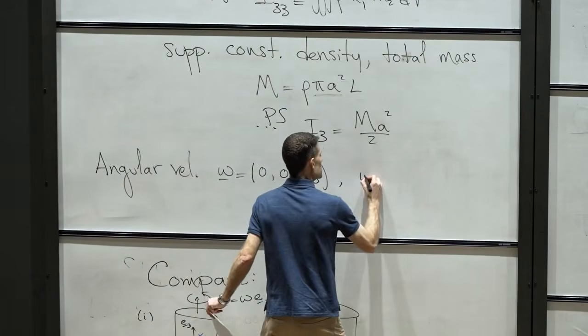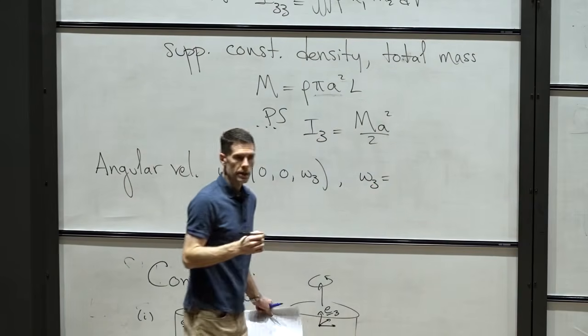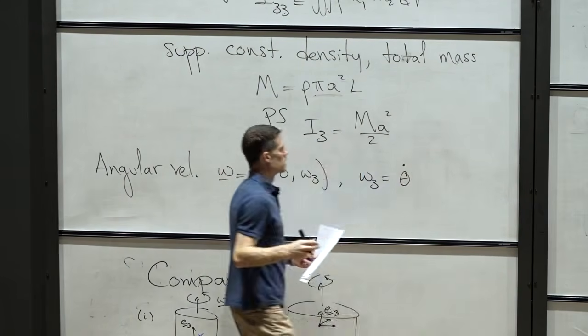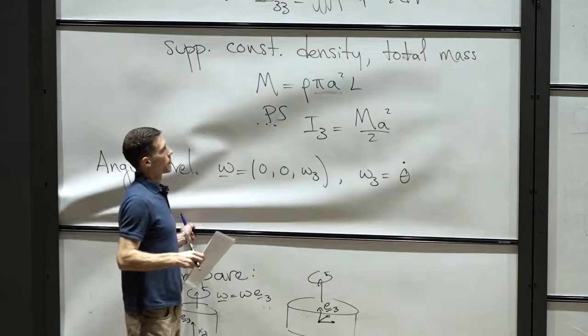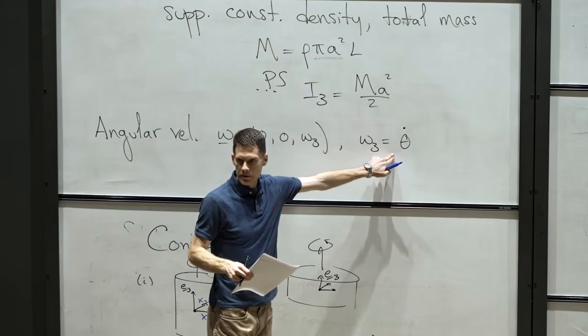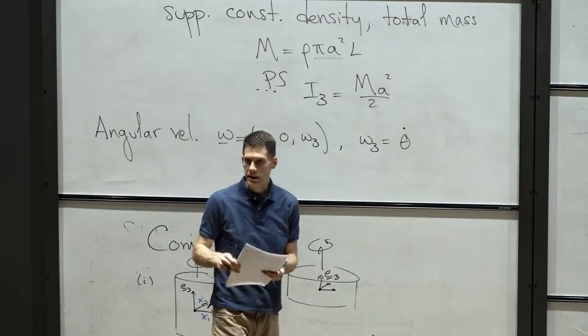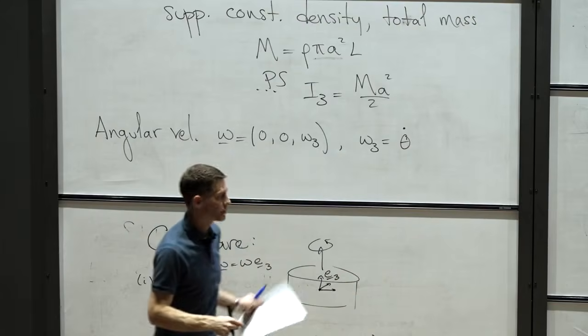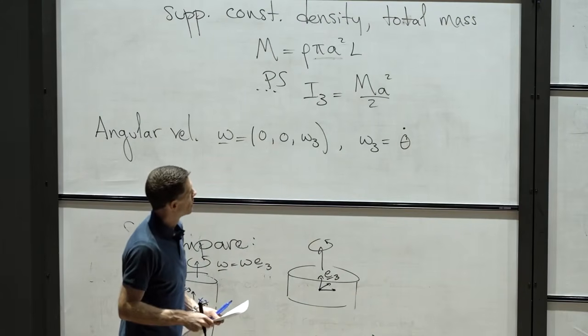And I claim that omega 3 is theta dot. This kind of fits things we've seen before, right? Theta dot is how quickly the thing is rotating, and the rotation is about that axis.